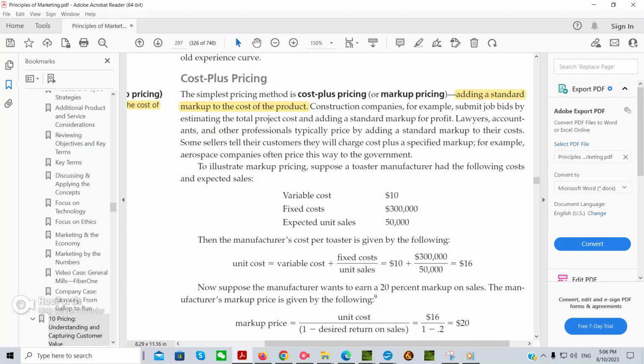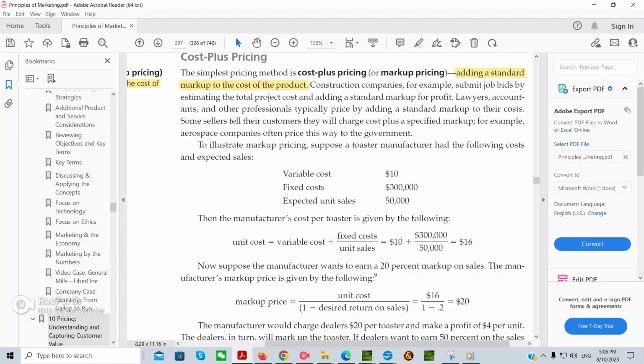So revenue, and then if you want to say per unit, we take the total revenue and divide it by units. So it's the total revenue including the markup. So production costs, which is total costs, right? Plus markup divided by how many units you sold equals the profit per unit.